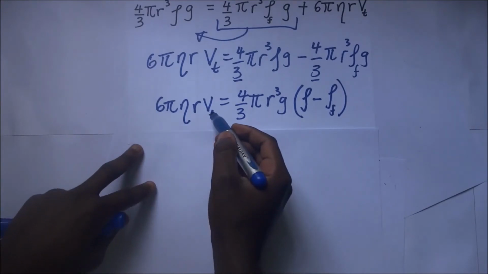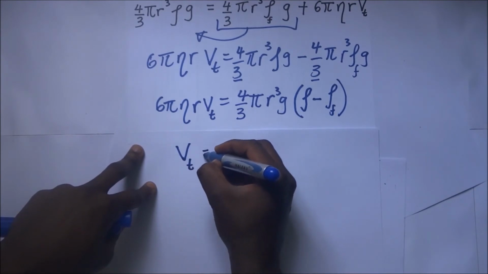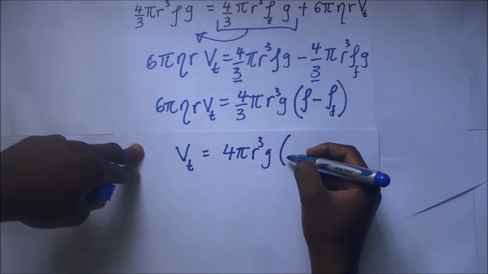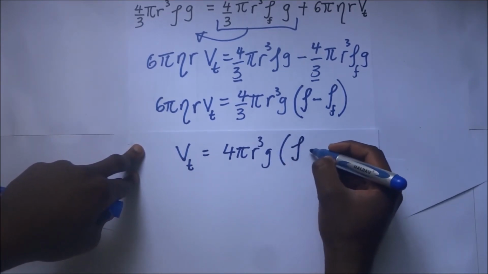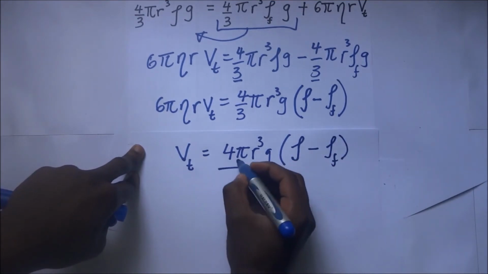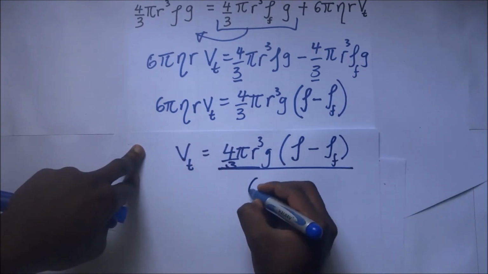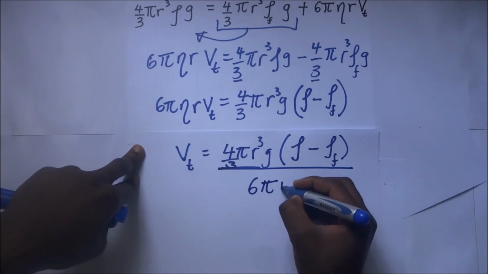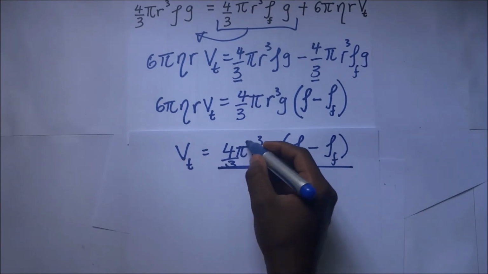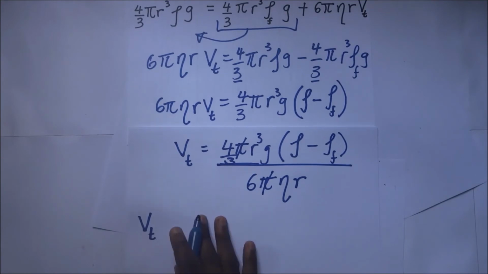So going ahead to make Vt the subject of the formula, terminal velocity is going to give us 4 over 3 pi r cubed g into the density of the sphere minus the density of the fluid. Divide that by 6 pi times coefficient of viscosity times r. Now this pi and that pi will cancel out, and of course you remain with your expression for terminal velocity.